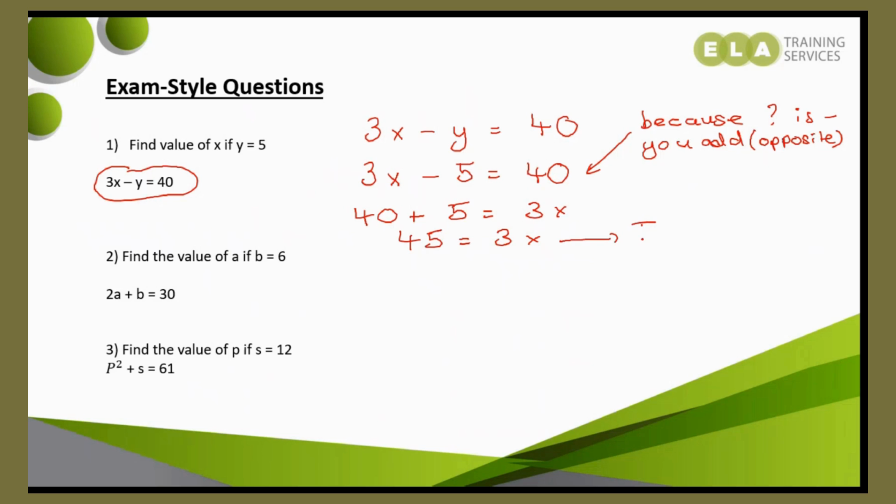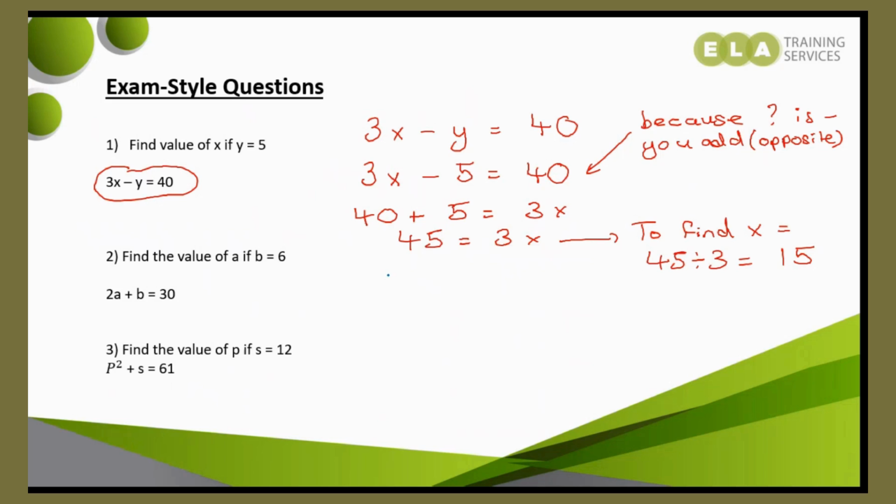So to find x, or to find 1x, we do 45 divided by 3, which is then 15. So 15 times 3 is 45, take away 5, then leaves us with 40. And that can be really helpful when you're checking your answer.